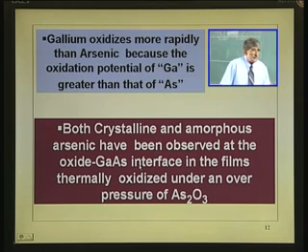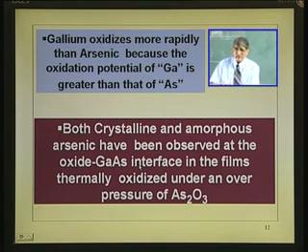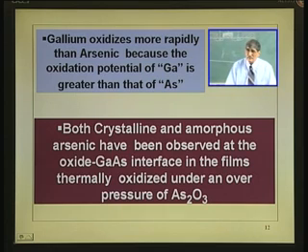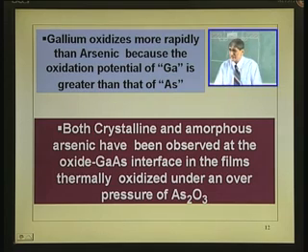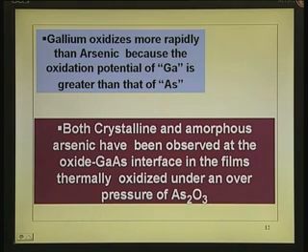Two things happen. You prevent loss of arsenic trioxide, and your bulk oxide is good. You have stoichiometric gallium trioxide, arsenic trioxide. You probe using an electron probe, you see that. You go right up to the interface. At the interface, you see amorphous arsenic and also crystalline arsenic.